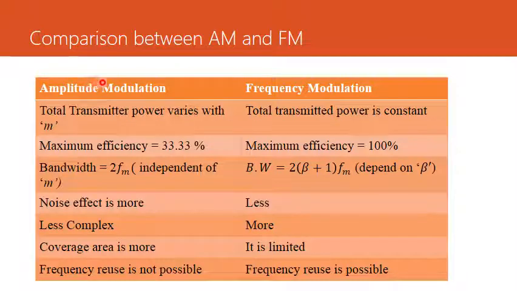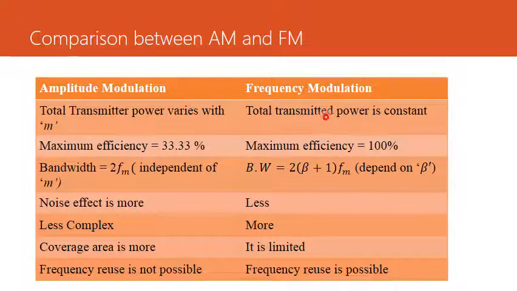In the case of AM, the total transmitted power varies with modulation index, that is Pt equals the carrier power Pc times (1 + m²/2). But in the case of frequency modulation, the total transmitted power is constant, that is, it is independent of the modulation index β.